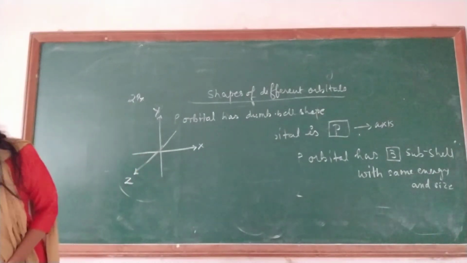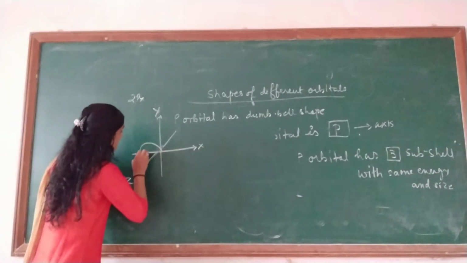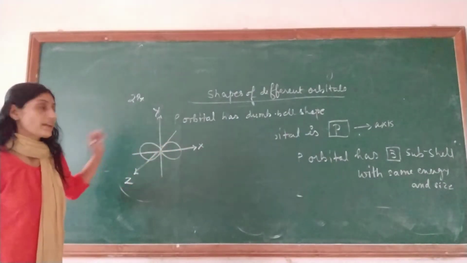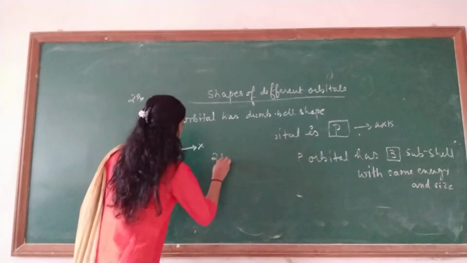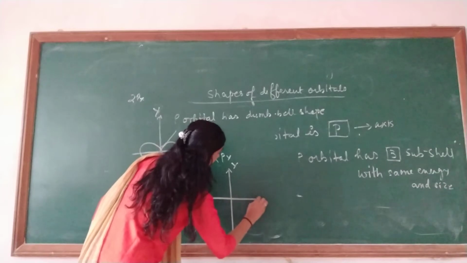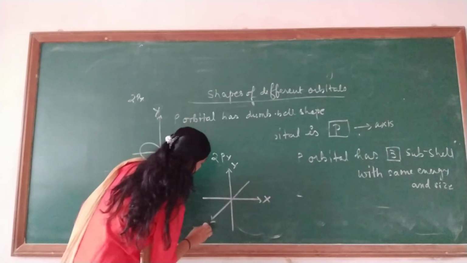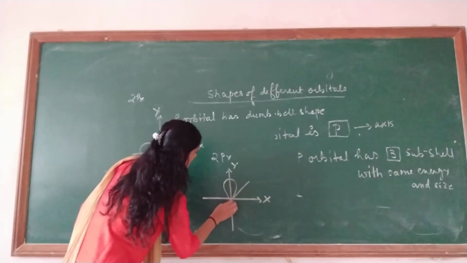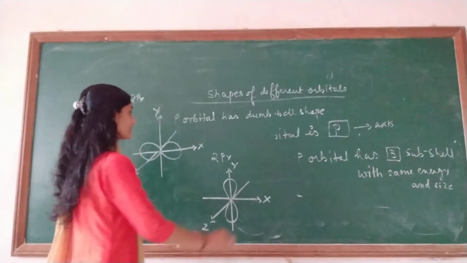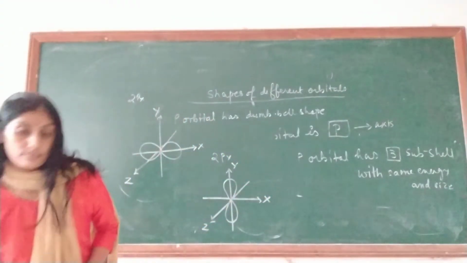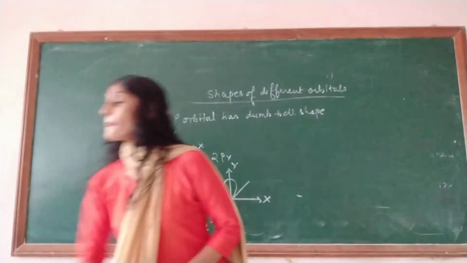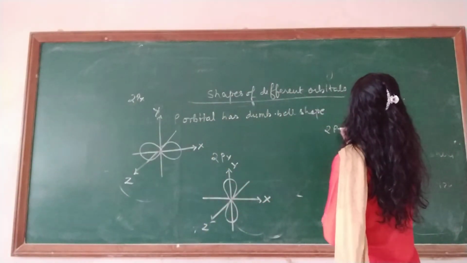So what happened? Two lobes are there meeting each other on the x-axis. That is for 2px. Now for 2py, children. So again we have that is y, that is x-axis and that is z-axis. So we are getting two lobes lying on the y-axis, and here we have 2pz.